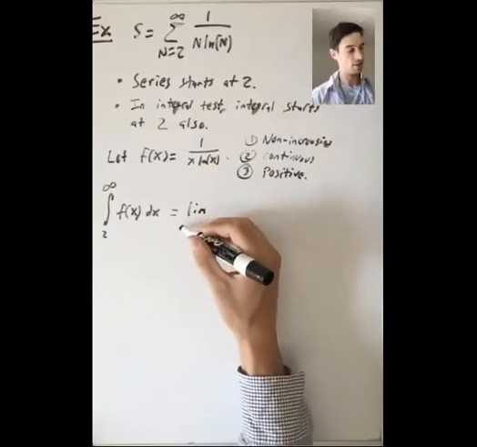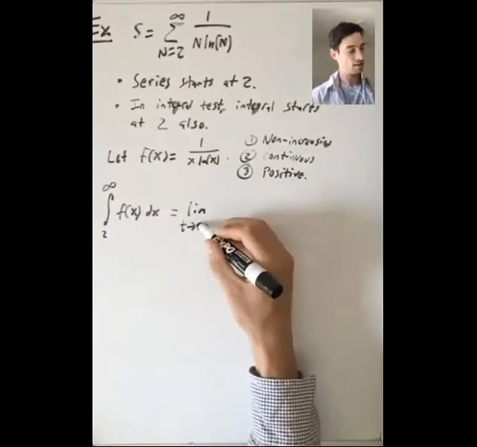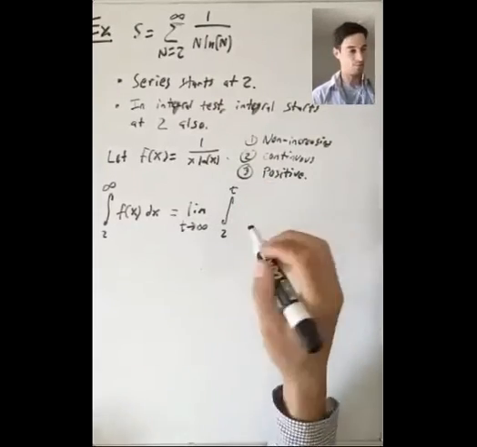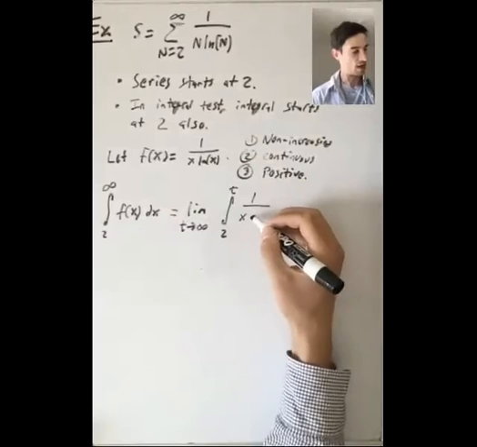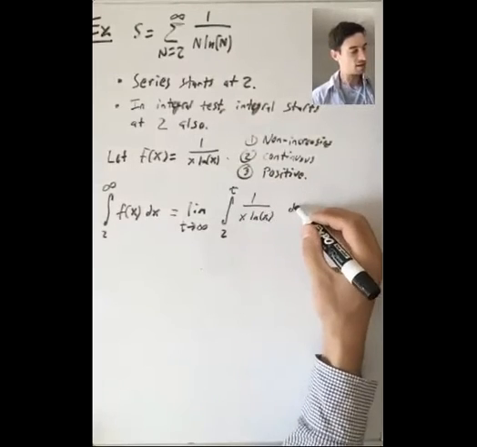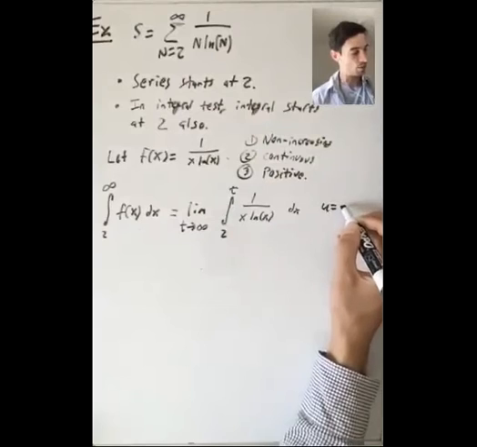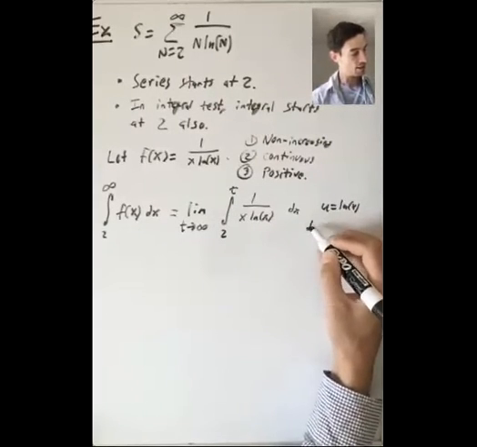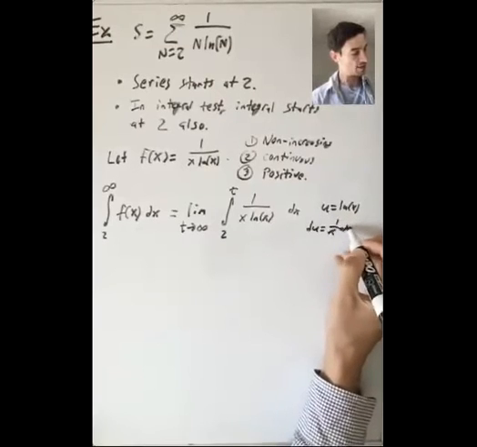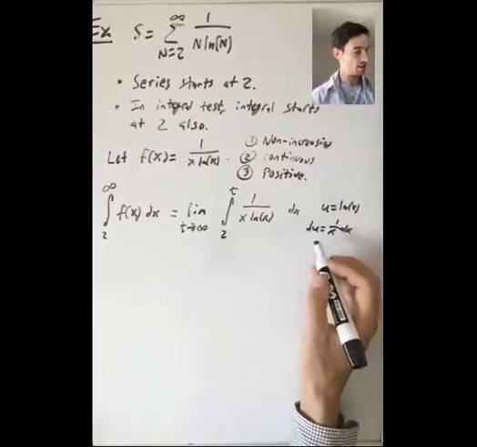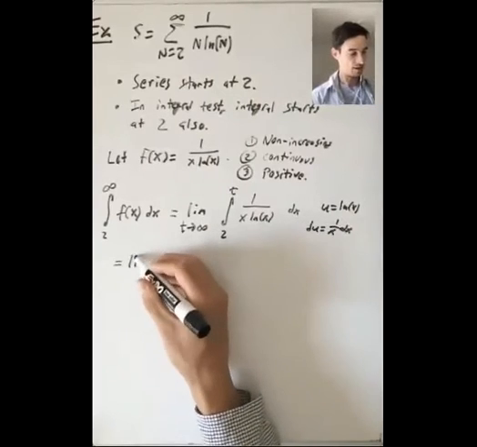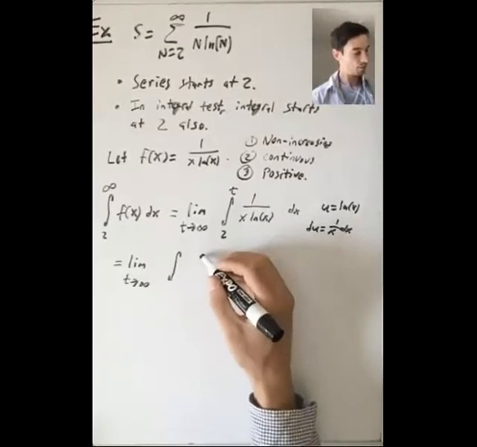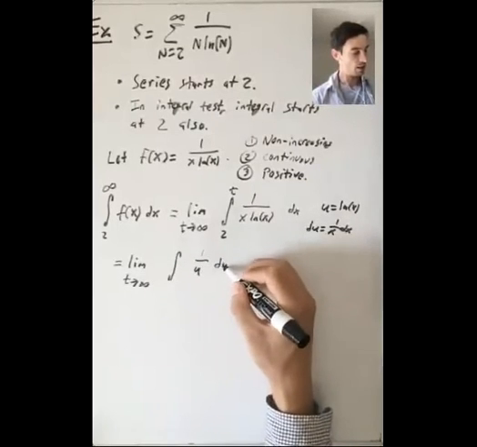Okay, so we can determine whether or not these series converge as long as we can compute some integral. So 1 over x natural log of x dx. And this is an integral that works super well with u substitution. We let u equal log of x, and then du equals 1 over x dx. We have to adjust the endpoints. So what we get is a limit as t goes to infinity of the integral of 1 over u du.